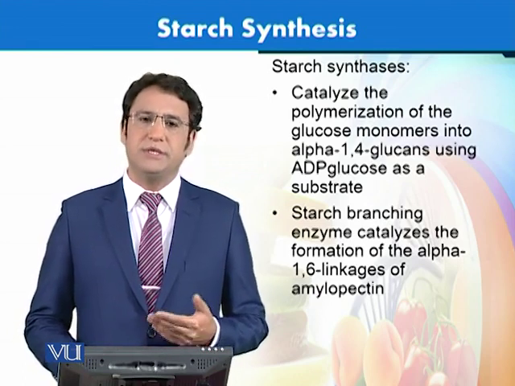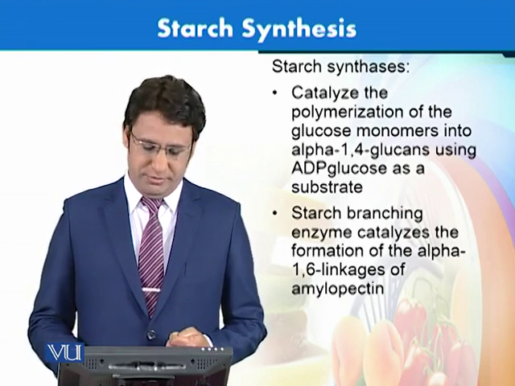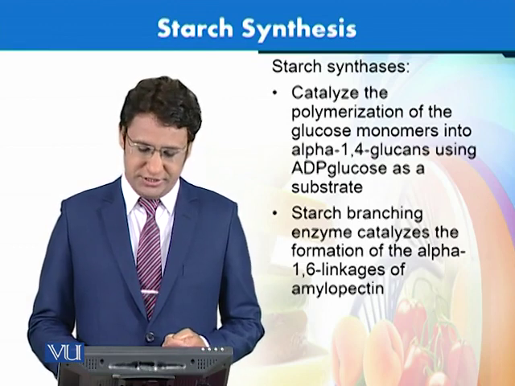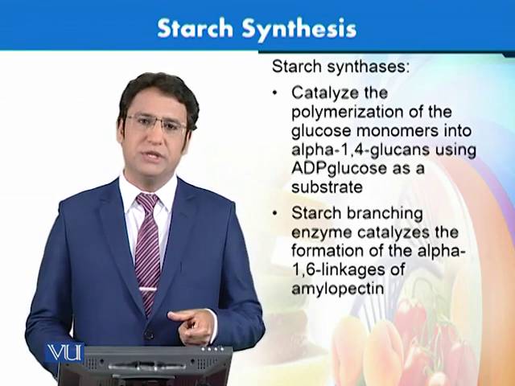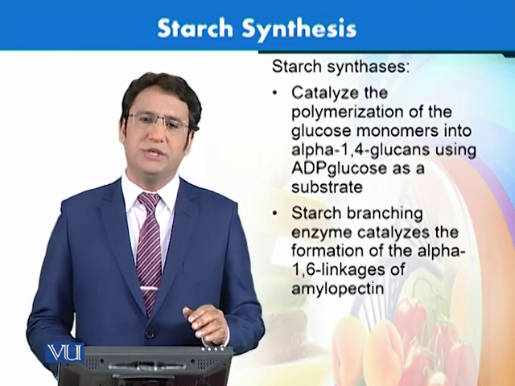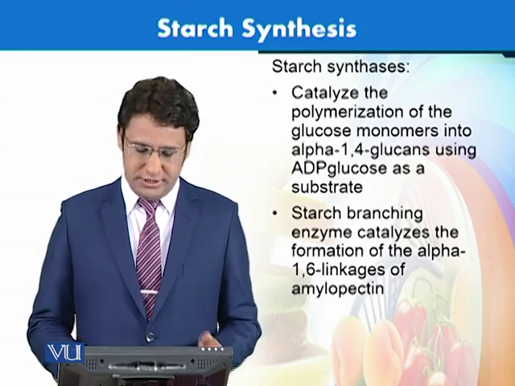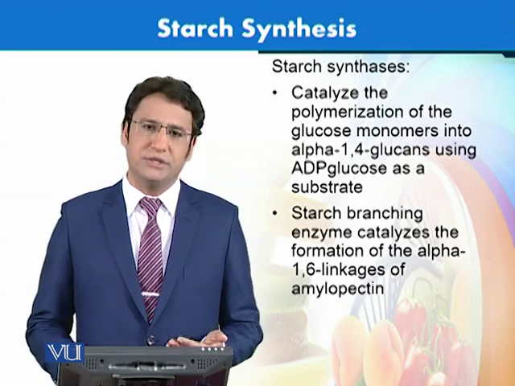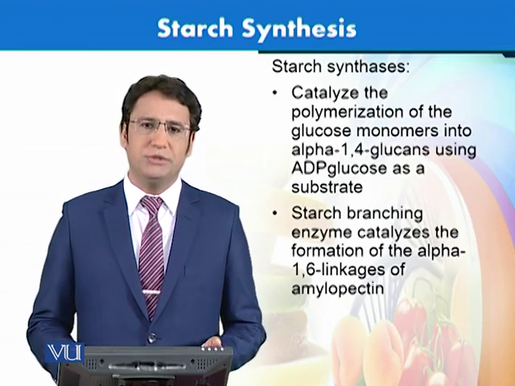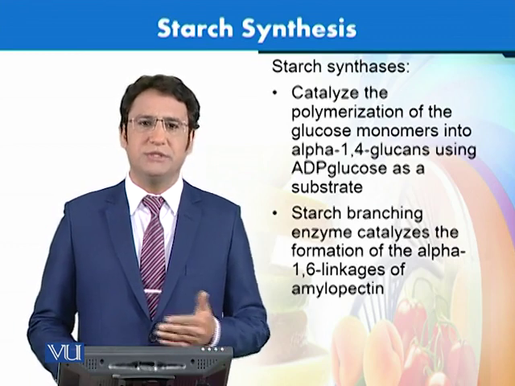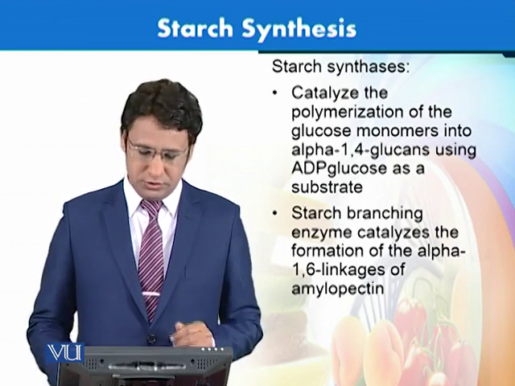Then the starch branching enzymes start playing their role, making linkages at the 1,6 level. As we looked at earlier, the branching in these chains of glucose molecules is through 1,6 linkages. This is developed in the case of amylopectin. As we know, amylopectin is a more branched polymer, so it has more branches, and these branches utilize 1,6 linkages between two glucose molecules.